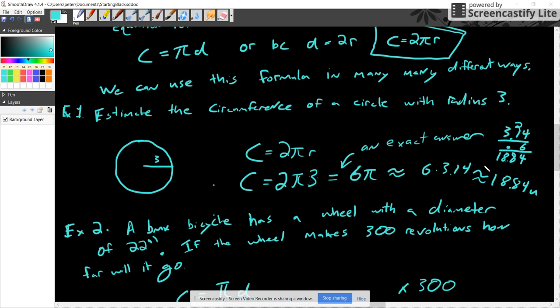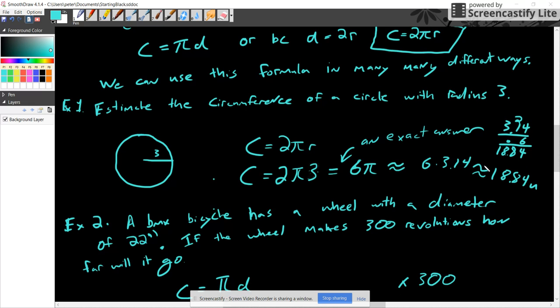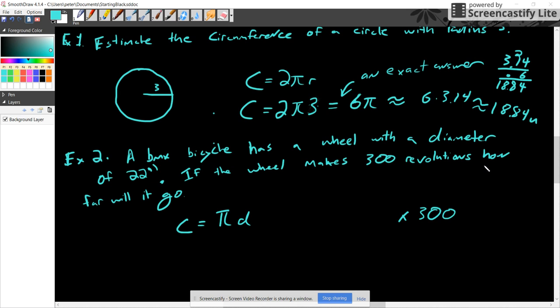Here's another, maybe more advanced, example. I have a BMX bike, and the wheel of the BMX bike has a diameter of 22 inches. If the wheel makes 300 revolutions, how far will it go? So circumference is pi times diameter, and my diameter is 22 inches. 22 times pi.